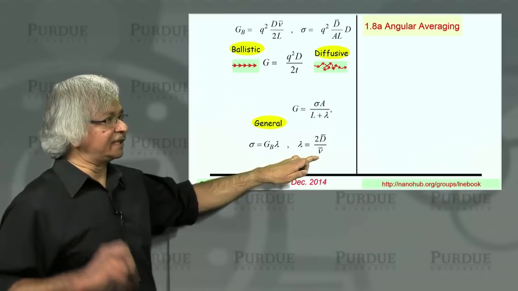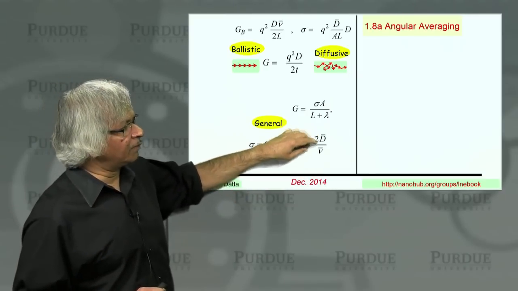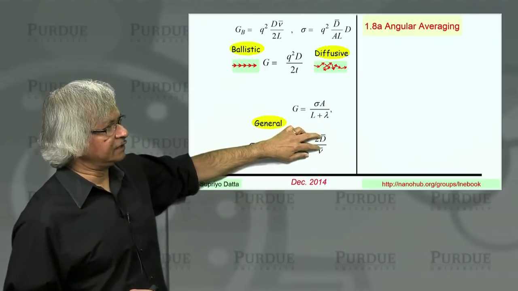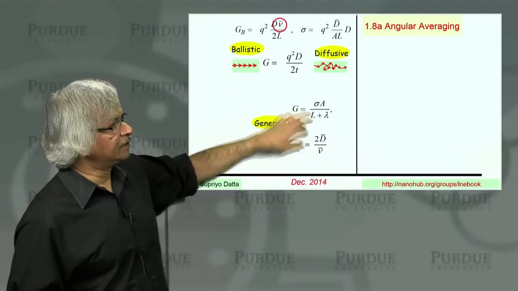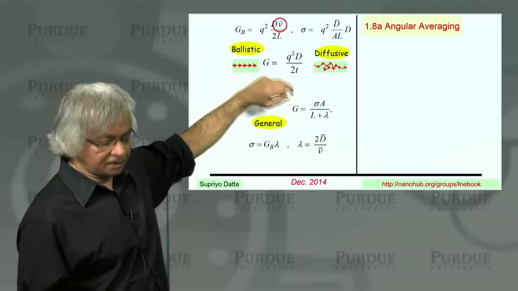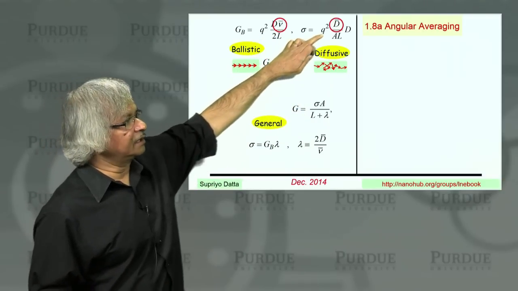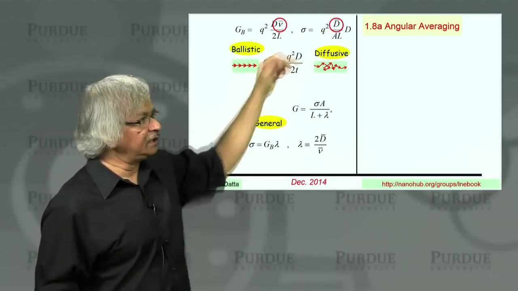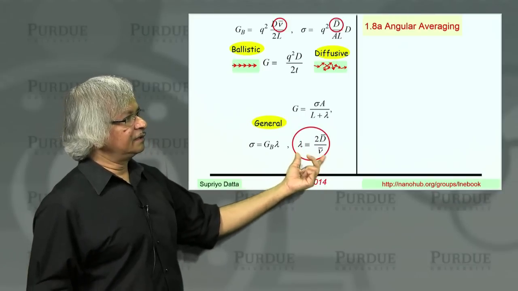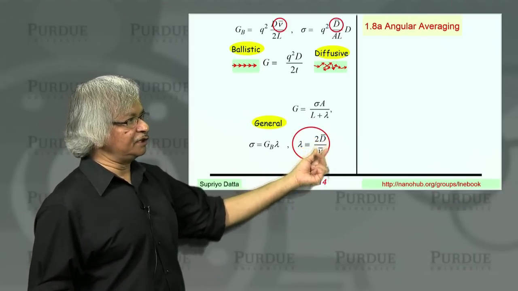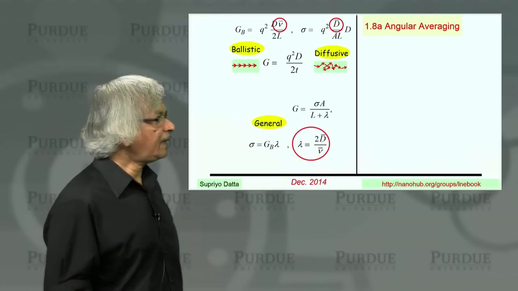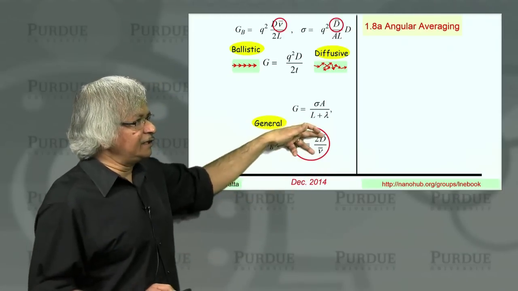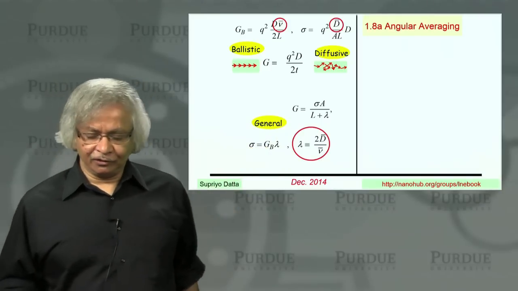So what we'll do in this lecture is talk a little more about what these two quantities are, this D bar and v bar. The v bar entered the ballistic conductance, the D bar entered the conductivity, and lambda is the ratio of D bar to v bar. This bar indicates there is an averaging involved here.